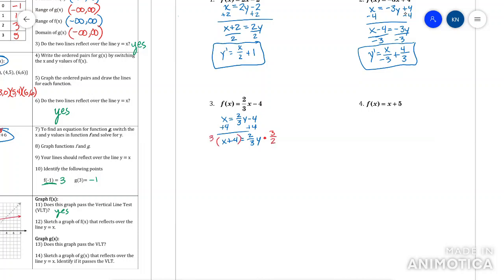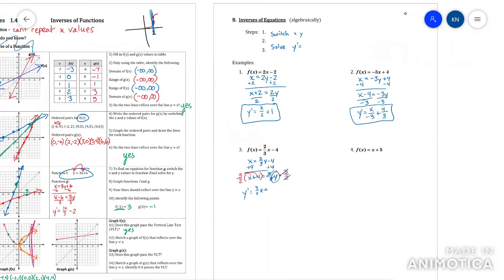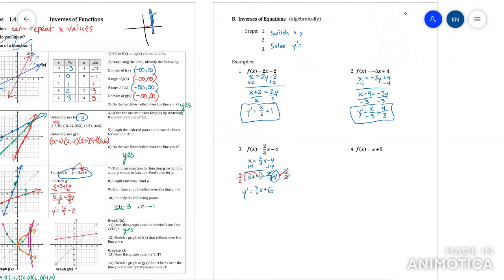You need parentheses on this left side because you're going to have to distribute that. So you do this because the 2 and the 2 cancel and the 3 and the 3 cancel. And it just leaves that y. So I'm distributing 3/2 on the left side. So now it's going to be 3/2 x. And then 4 times 3/2 is 6. So plus 6.